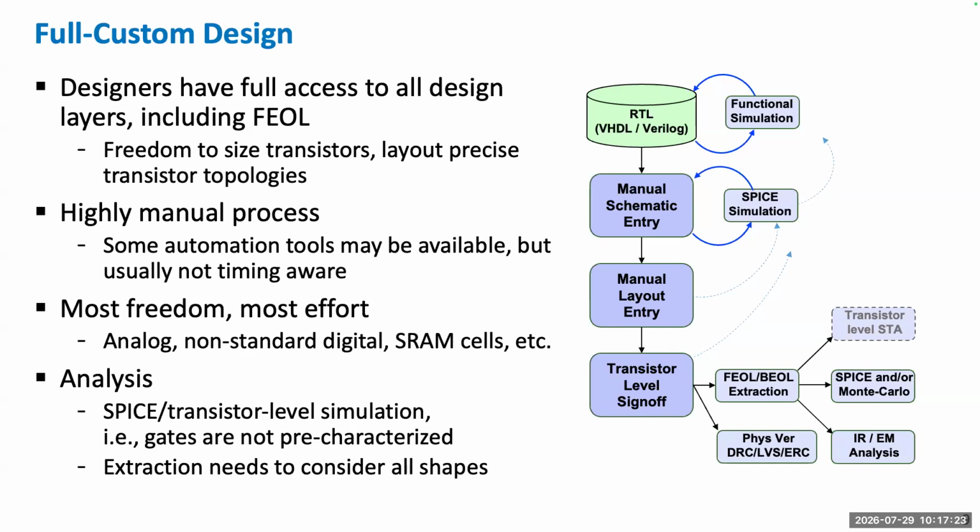You can automate it through some code, and you still have to do a lot of human interaction work. That's the key trade-off. Your analysis is also based on non-characterized components, so you're doing the more detailed, typically SPICE-level analysis.